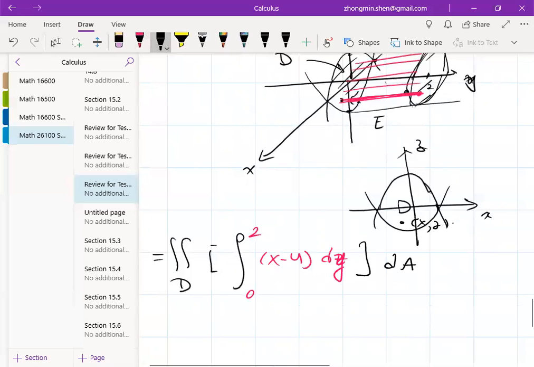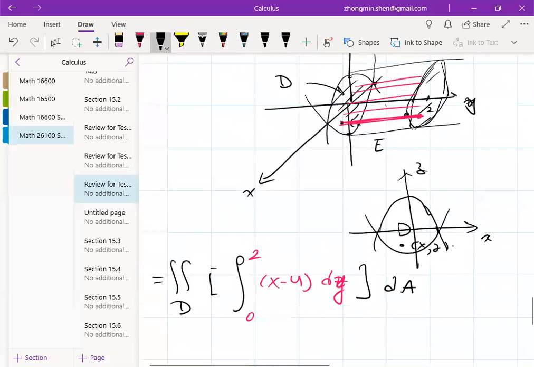The idea is to project the solid onto a two-dimensional domain. Then for each point in the two-dimensional domain, you draw the lines. Those lines occupy the whole solid. Then you can write down the iterated integral step by step.